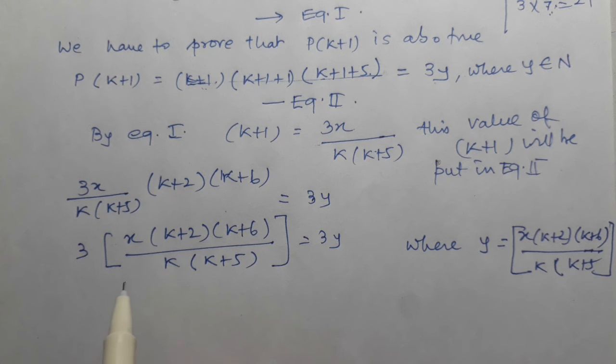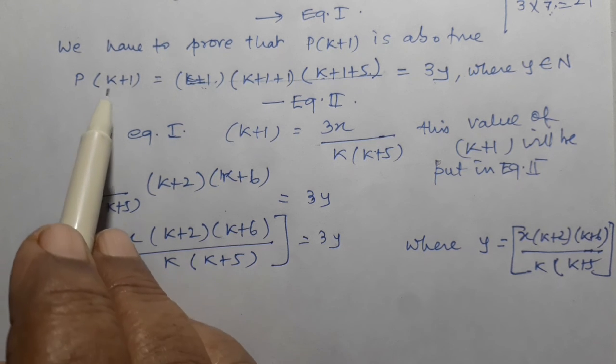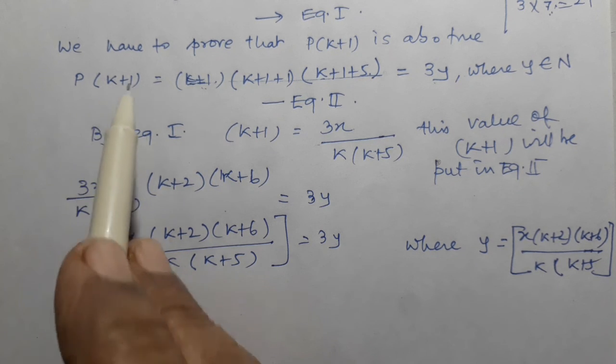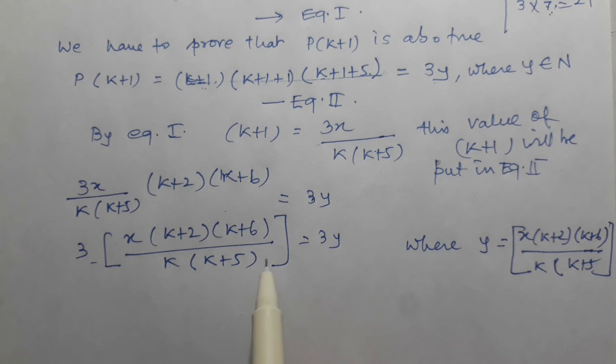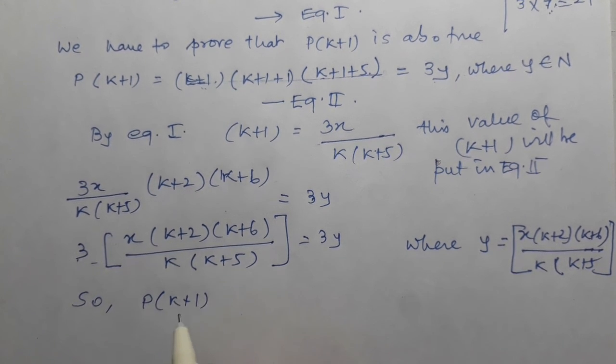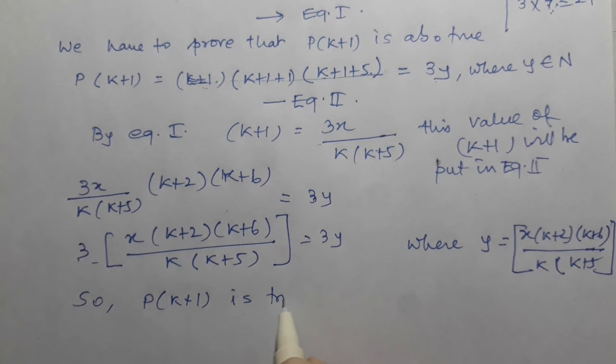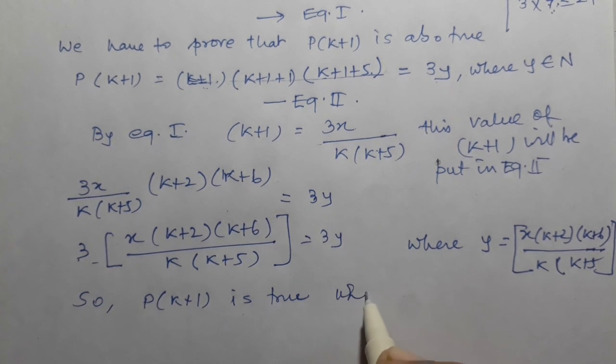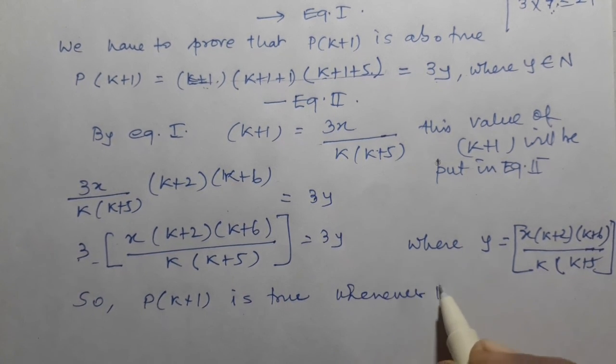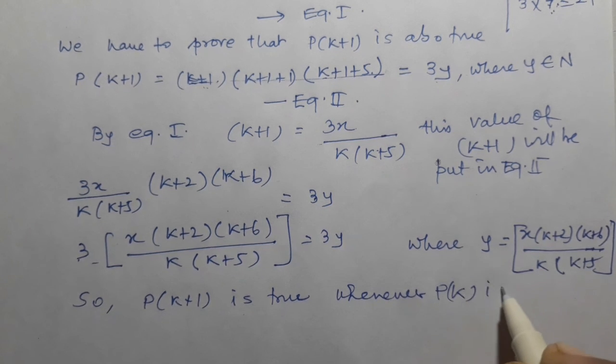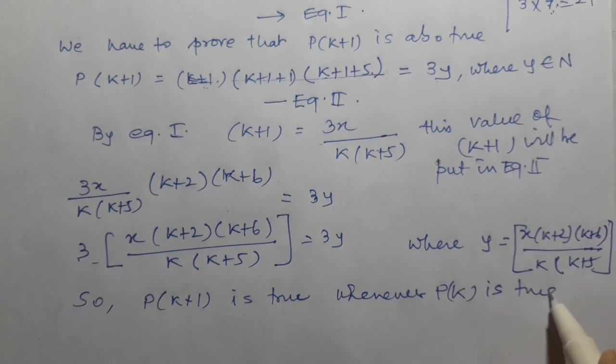Okay, so it proves that P of k plus 1 is also a multiple of 3, because this part is a multiple of 3. 3 is there and this is a multiple. Okay, so we shall write, so P of k plus 1 is true whenever P of k is true.